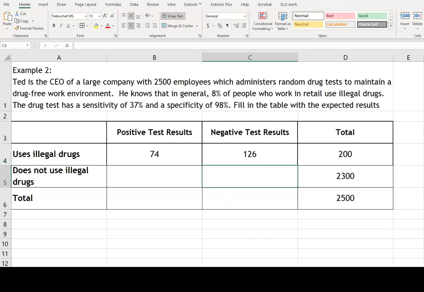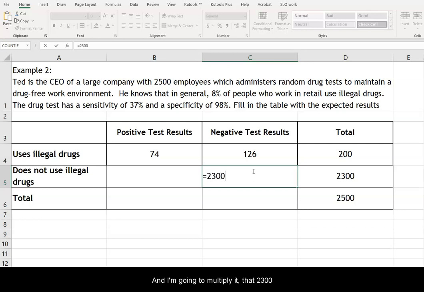All right, so now the specificity, okay, that is the true negatives. So the people who do not do drugs, and the test also says, yes, you get a negative result. Okay, so that's 98%. So I'm going to take our total for that whole row there that do not use illegal drugs, and I'm going to multiply that 2,300 times 98%.